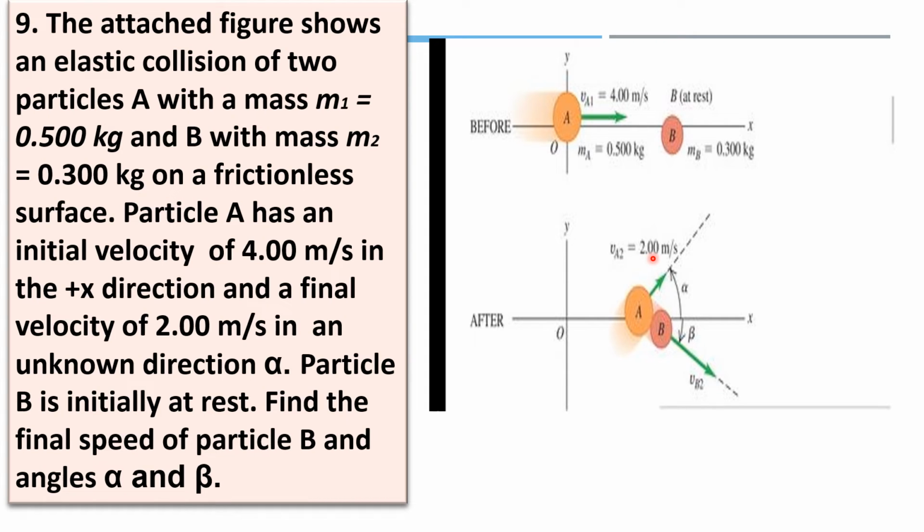Before the collision, it was moving at a greater speed of 4 meters per second, but when it collided with particle B, it's now moving with a lower speed, 2 meters per second, and the direction of the motion after the collision is denoted by the angle alpha with the horizontal. That is one of the unknown variables that we're going to calculate.